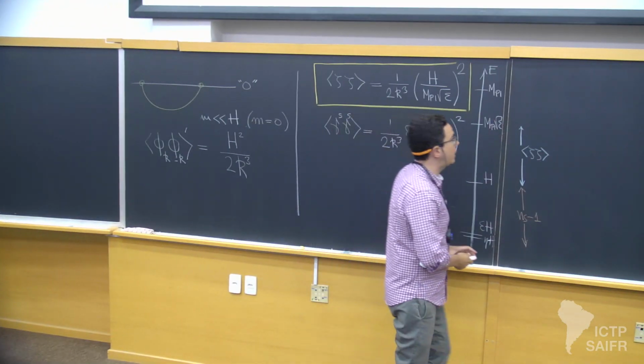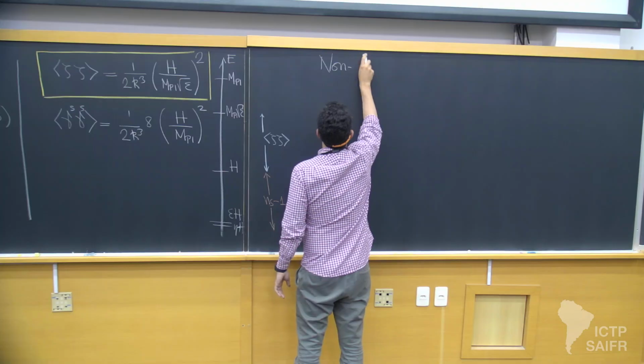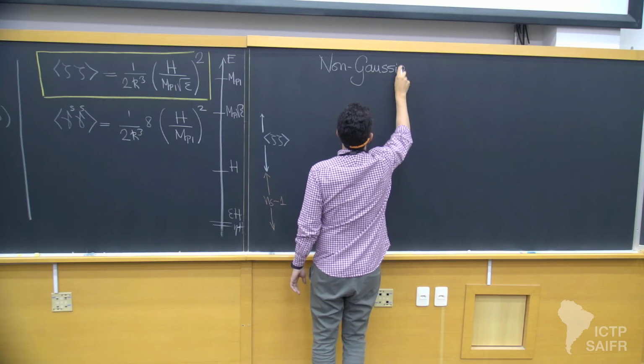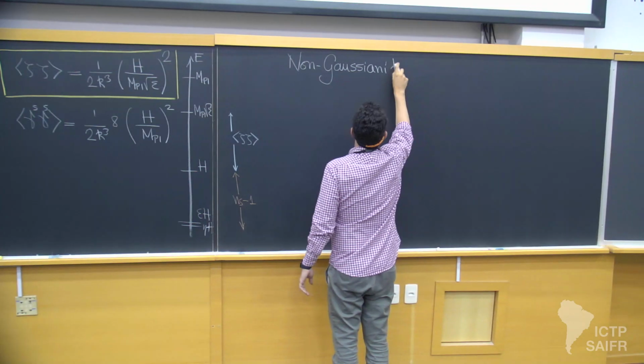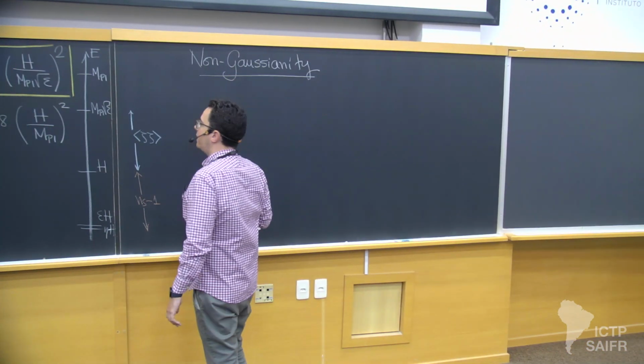And then we started discussing non-Gaussianity. We had a little bit of a cartoon picture of how that works in the colloquium. Non-Gaussianity is about interactions.